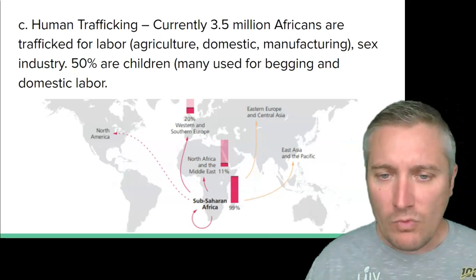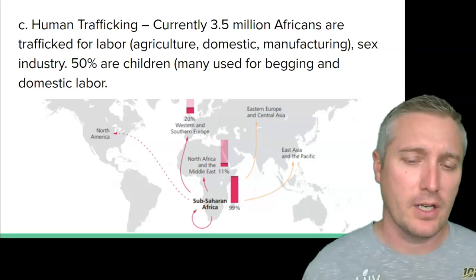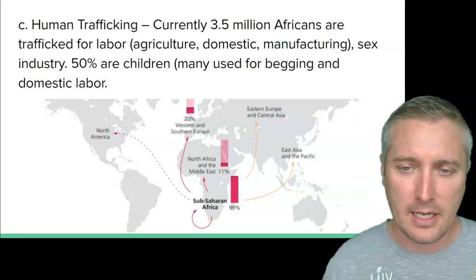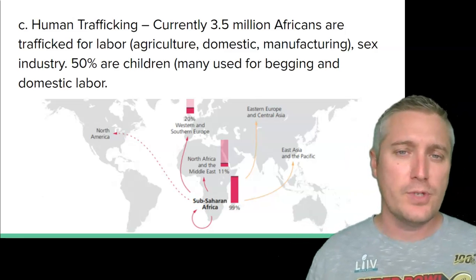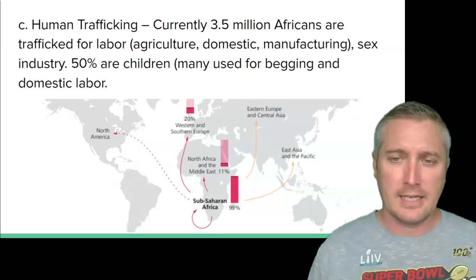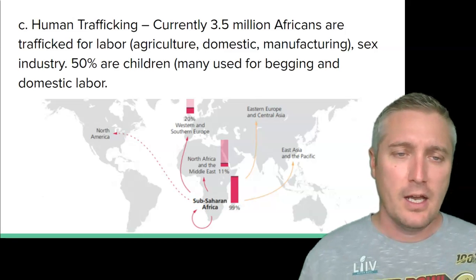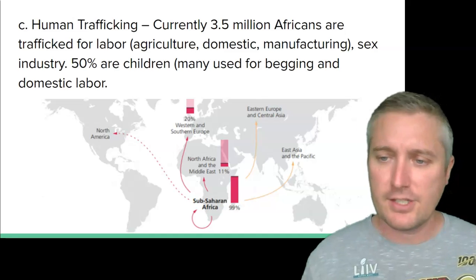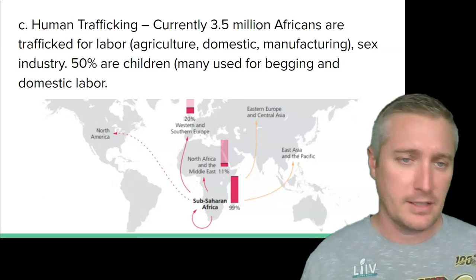Another sad issue that often is taking place in Africa is the issue of human trafficking. And I appreciate the fact that this topic has garnered more attention over the last few years, but ultimately not much has been done to try and curb these abuses. Human trafficking is the buying and selling of human beings, and they are slaves.